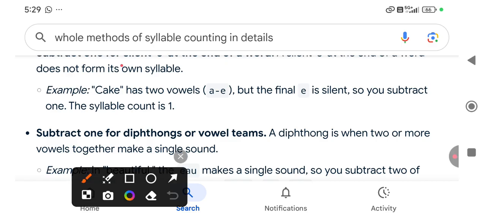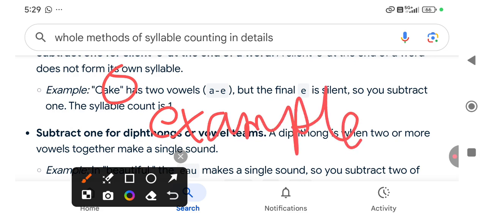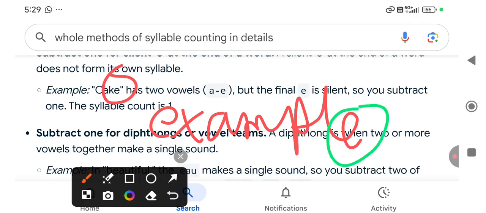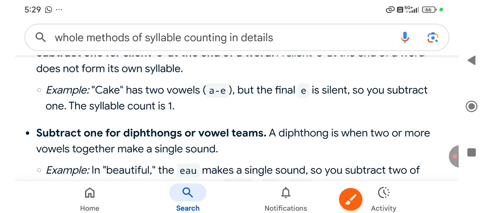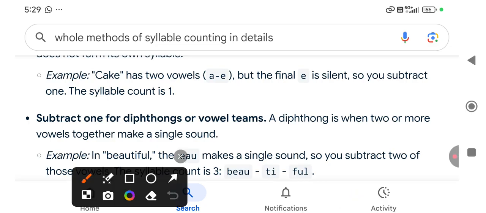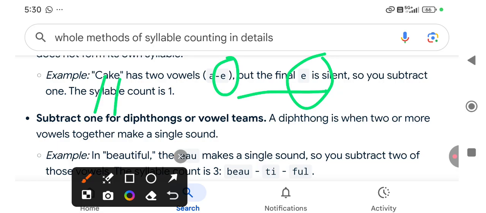Another example is the word example itself, where e is also silent. E is not pronounced. In this word there are two vowels, a and e, but the final e, the last letter of the word, is silent.